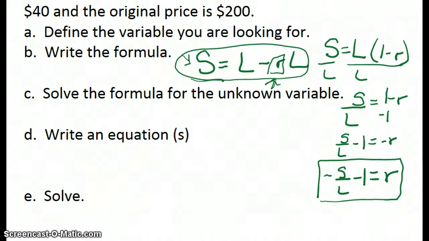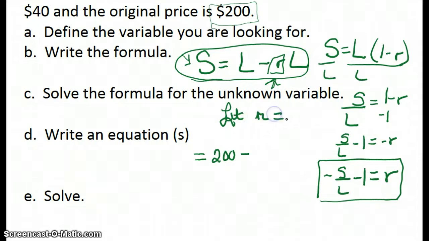So we're going to write our equation now. And so this is that our list price, we know the original price is $200. Okay, so that's going to be our L. So 200 minus, and it's that R that we don't know. So we're letting R equal rate. Okay, so that's going to stay R, and that's going to be R of 200.